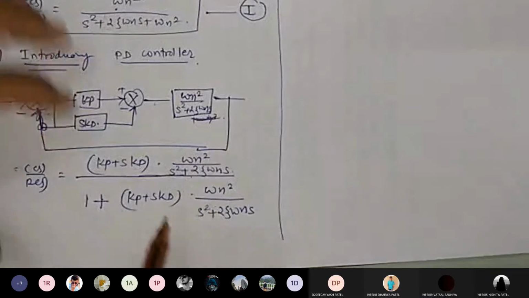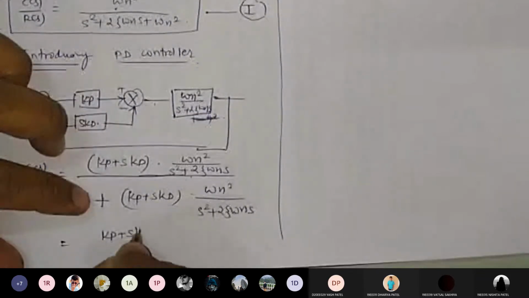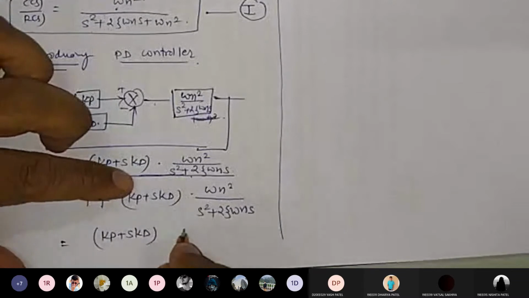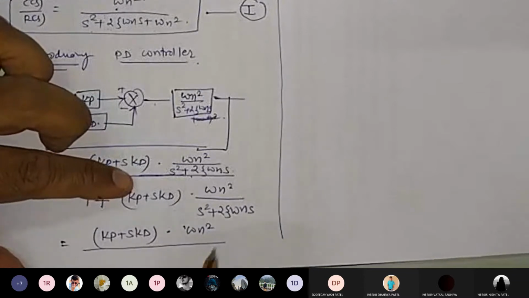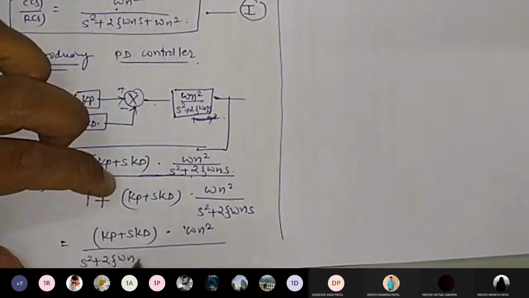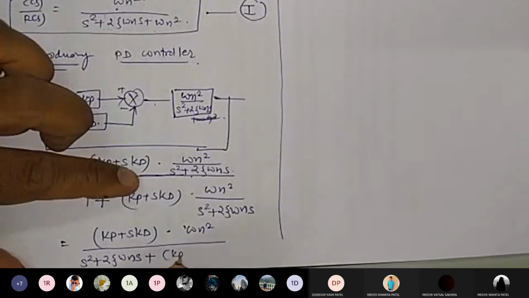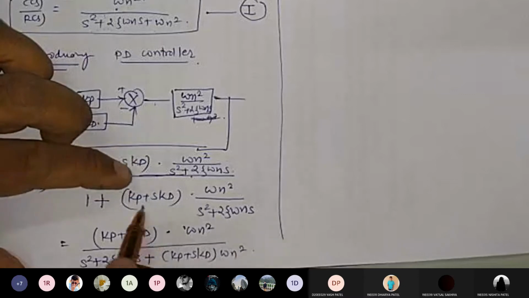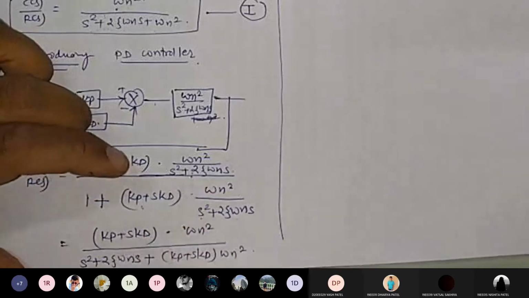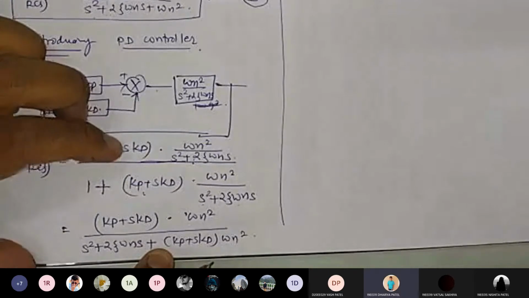Now the denominator is Kp plus sKd into bracket omega n square divided by s square plus 2 zeta omega n s, plus Kp plus sKd omega n square. The denominator cancels out. Done? Yes, sir.